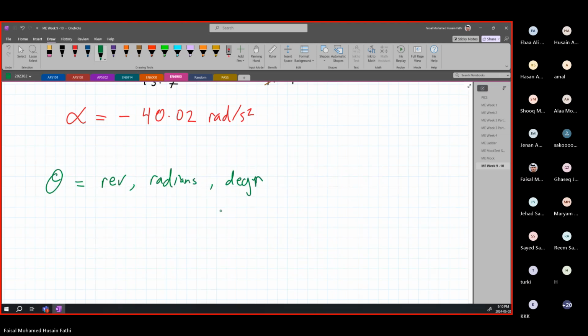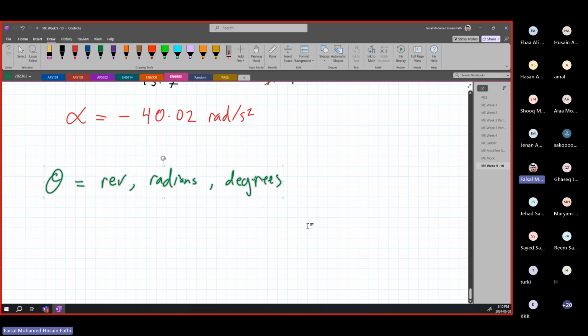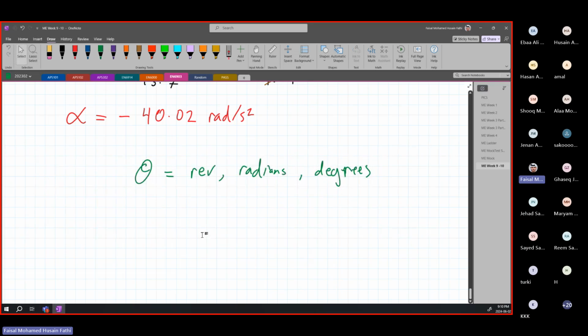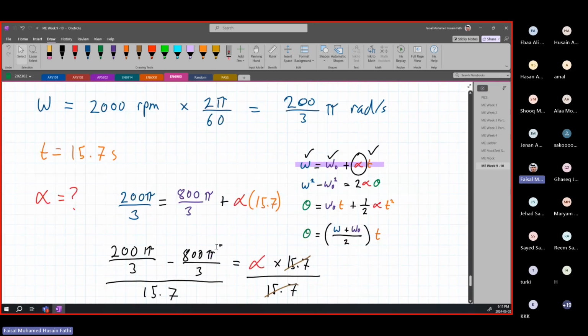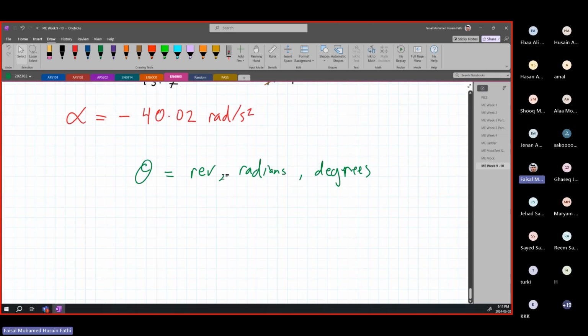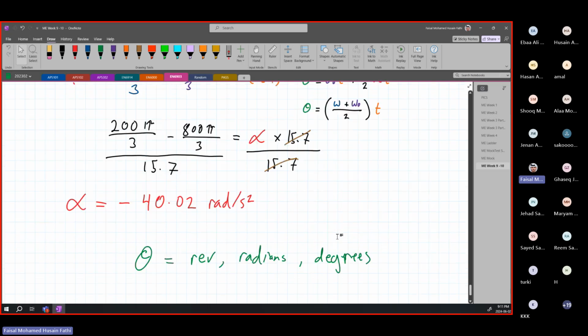This is the way you talk about our angular displacement. It's either how many revolutions, how many radians, or how many degrees. Okay. So now what do we need to find? We need to first find our theta in radians, and then we can convert it into revolutions.